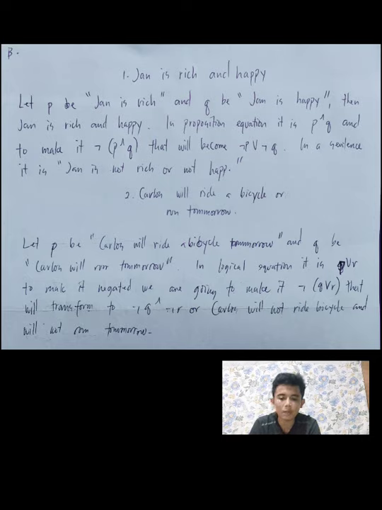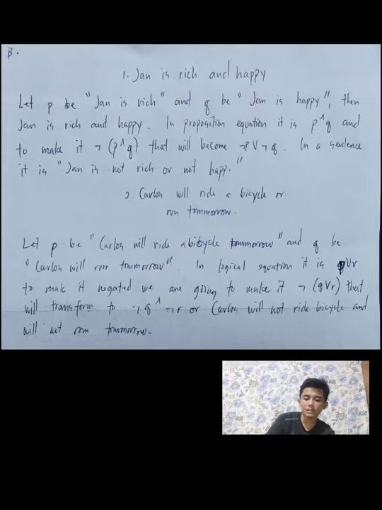The propositional equation is P conjunction Q, and to negate it, we take the negation of P conjunction Q. That will become negation of P disjunction negation of Q. In a sentence, John is not rich or not happy.